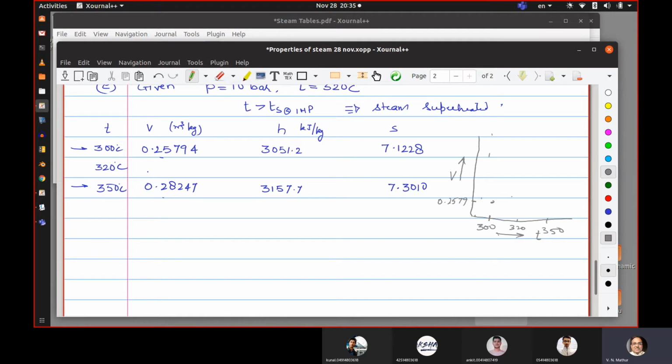and volume corresponding to 350 is also known. This volume is equal to 0.28247. So we assume that the volume changes linearly as you move from 300 to 350. Then we can find out what is the volume corresponding to 320 degrees. So this is to be found out.